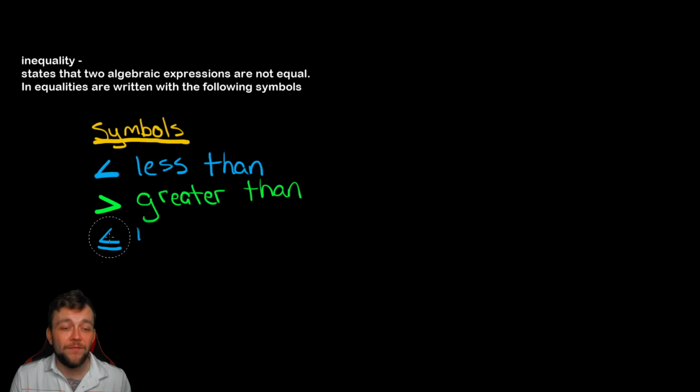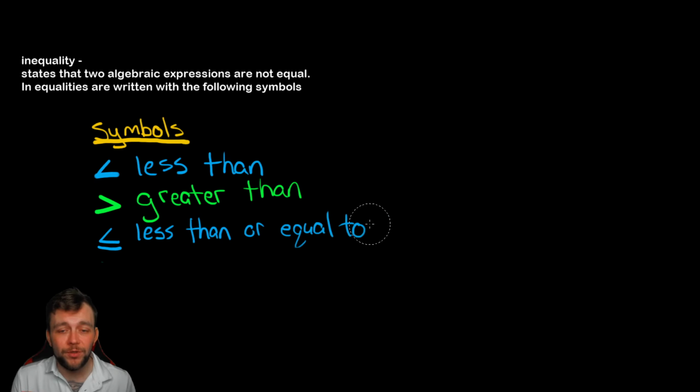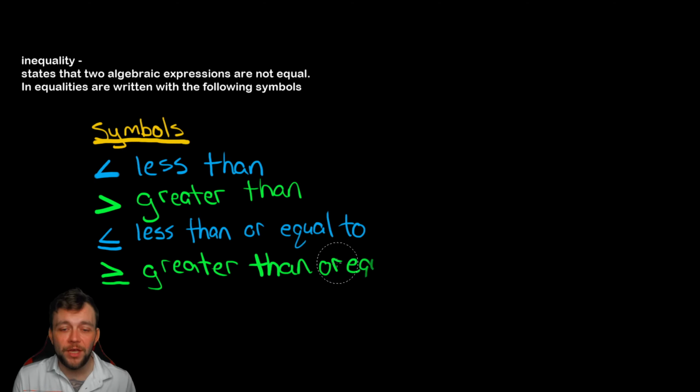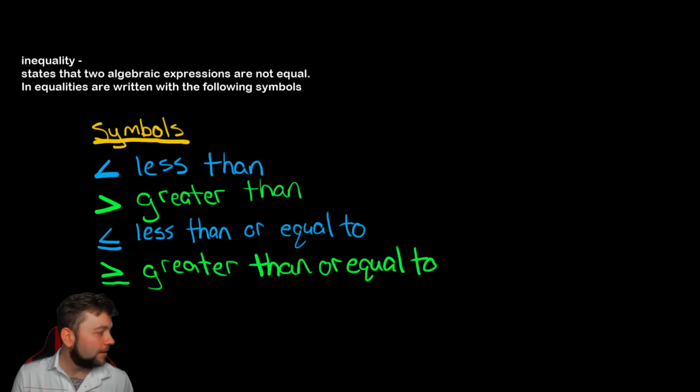But we also have this symbol, and notice how it has that line under it. It's less than, but also or equal to. Less than or equal to, and greater than or equal to. Let's clarify this a little more.